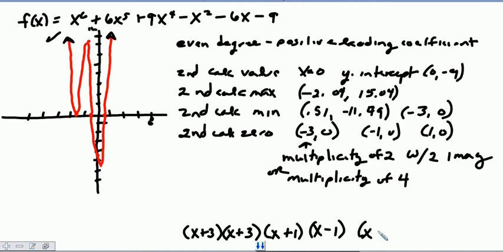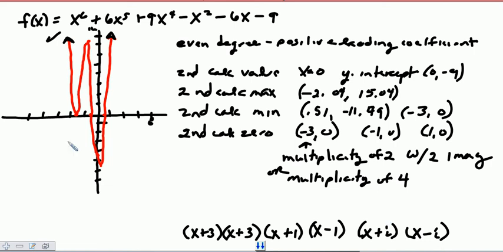The other 2 roots in this one are x plus i and x minus i. So those 2 unaccounted for zeros that don't result in an x-intercept may very well be imaginary zeros. In this case, I had 2 x plus 3's and x plus 1 and x minus 1 as factors, and then imaginary factors of x plus i, x minus i.